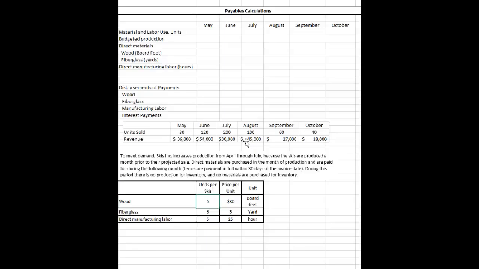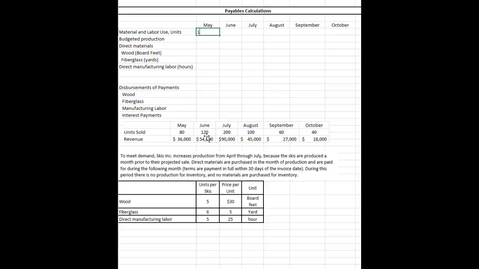So we have a sales forecast we look at, and we start producing product prior to the sales, and that's what they tell us right here. This came right from the problem as well: the skis are produced a month prior to the projected sale. That's very important here. So in May I'm going to produce the skis that I'm going to sell in June.